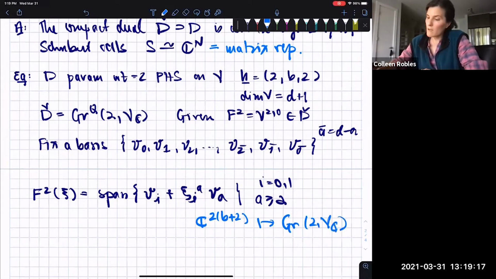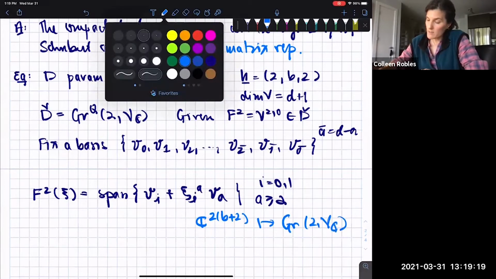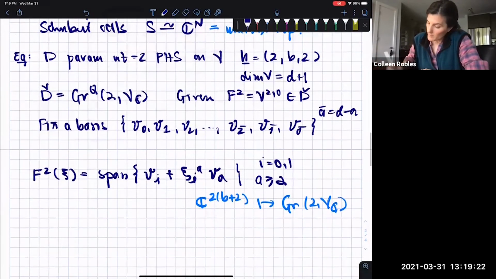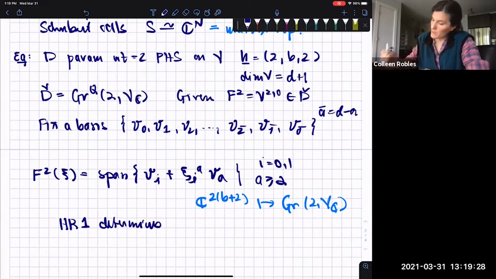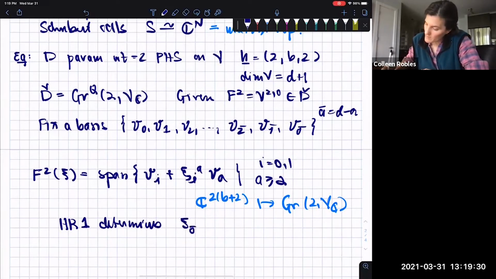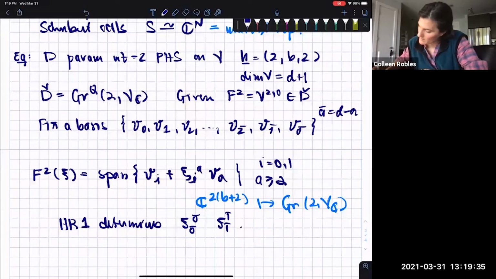And then the Hodge-Riemann bilinear relations, the first one, this determines 3 of these coordinates. It determines 0, 0, 1, 1, and it determines 0, 1 plus 1, 0.